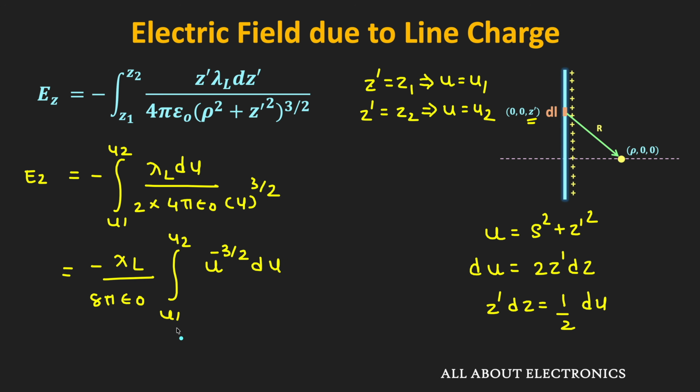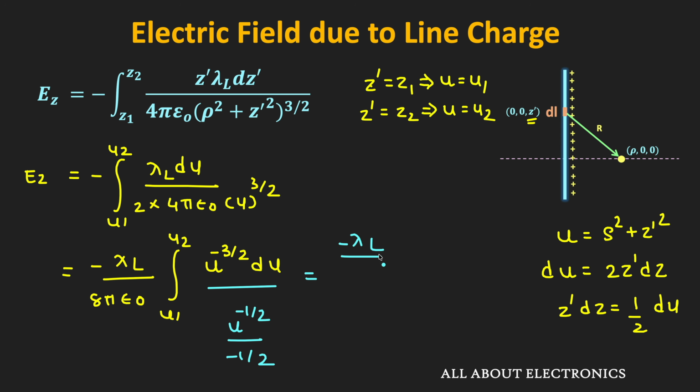So we know that the integration of u to the power minus 3 by 2 is equal to u to the power minus 1 by 2, and in the denominator we will also have minus 1 by 2, and here the integration limits will be from u1 to u2. So further we can write it as minus lambda L divided by 8 pi times epsilon naught times minus 2 times u to the power minus 1 by 2 with the integration limits from u1 to u2.